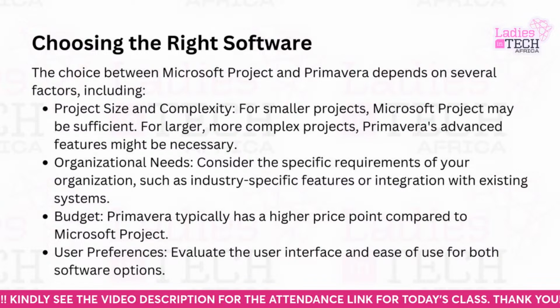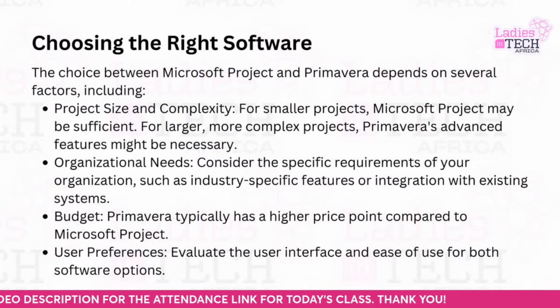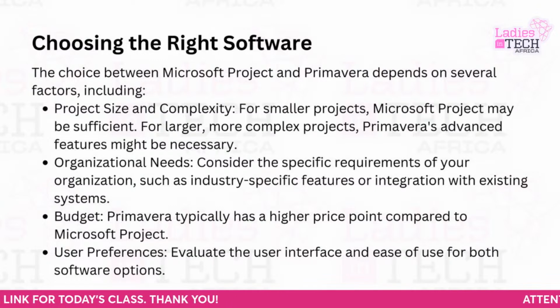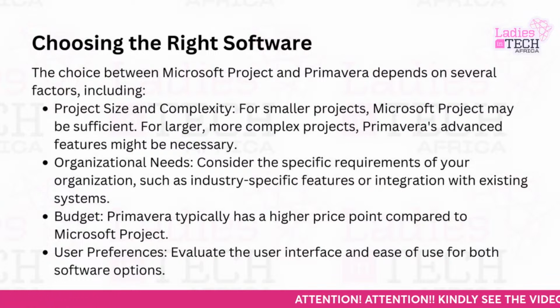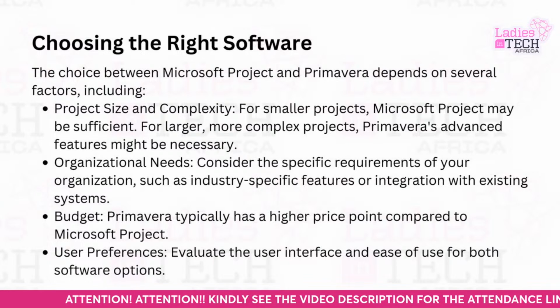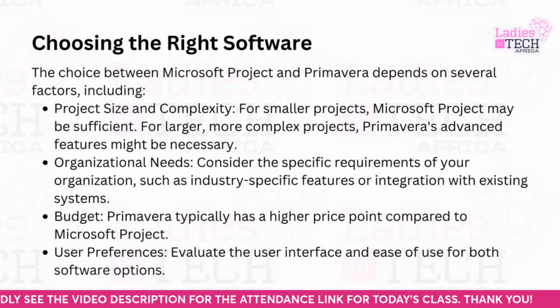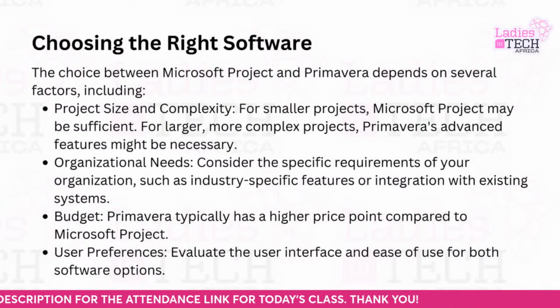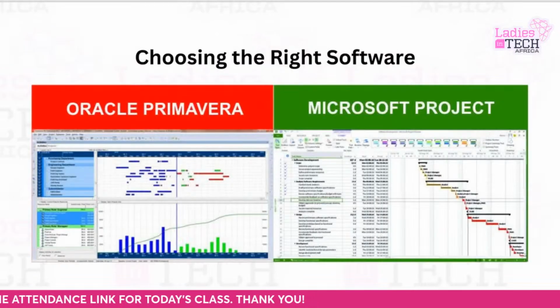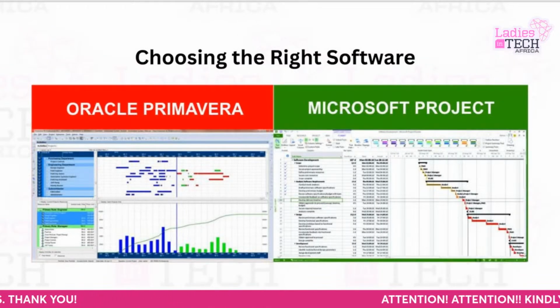So we have budgets. Primavera typically has a higher price point compared to Microsoft Project. And then user preferences: evaluate the interface and ease of use for both software. So this is the look of both of them, Oracle Primavera and Microsoft Project.